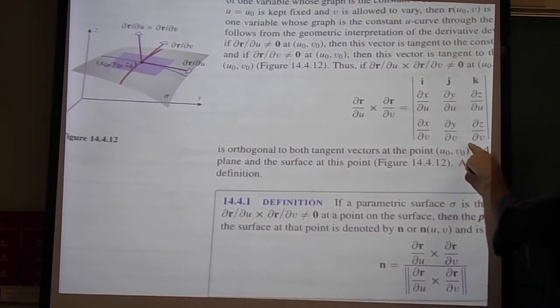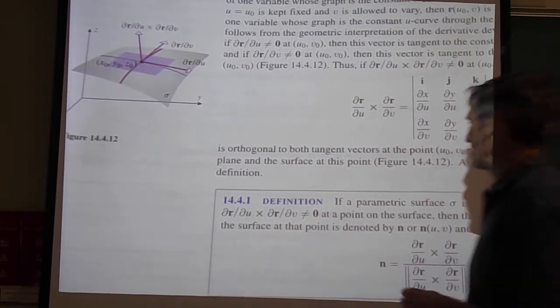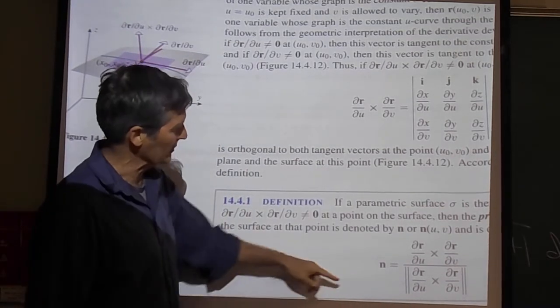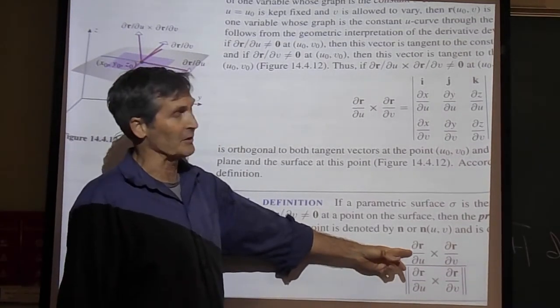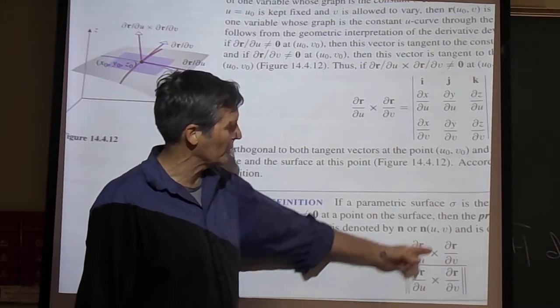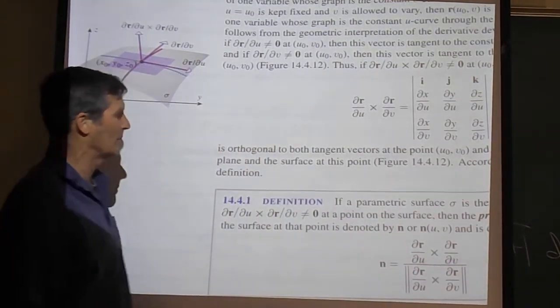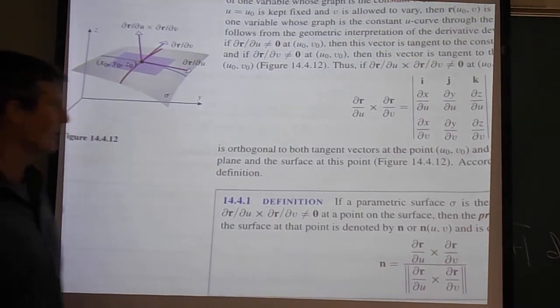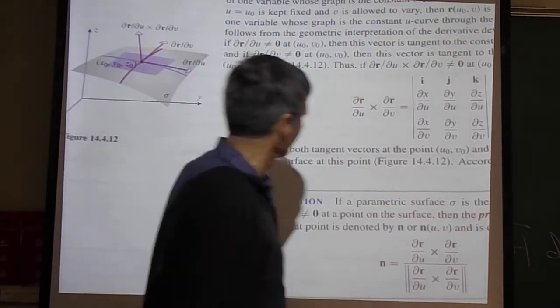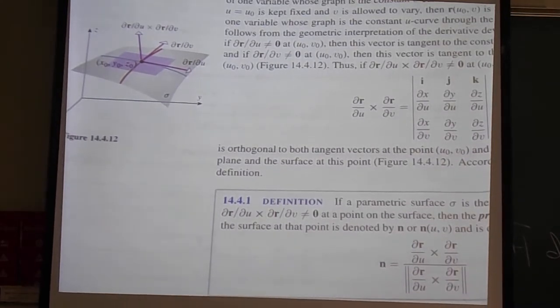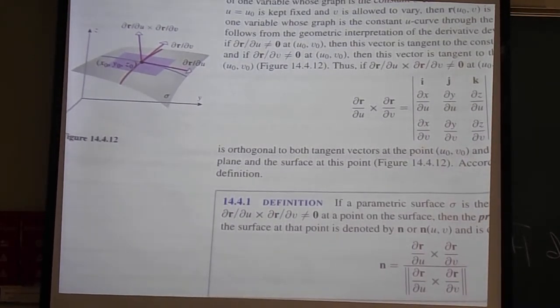Now if you divide it by its length, you have a unit vector, so that means that when you want to find a unit normal to a surface, you can use this formula. If the surface is given parametrically, dr du cross dr dv over the length thereof gives you a unit normal to the surface, if I like to use sigma for it. So there's the next application, finding a unit normal to a surface.